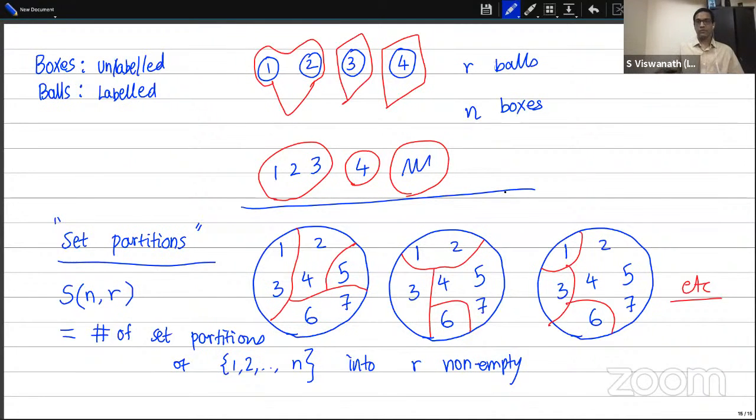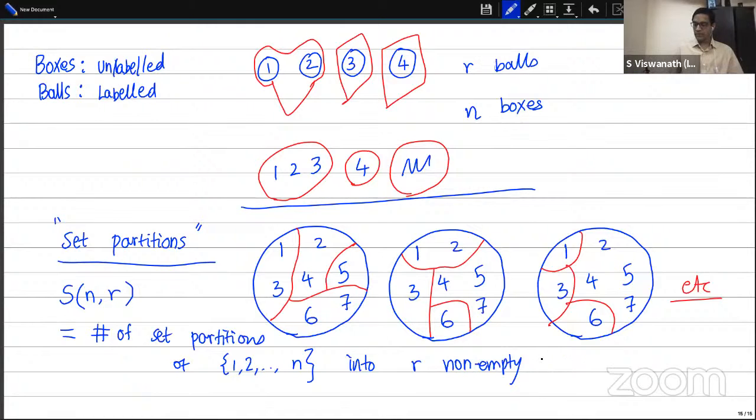You can forget about allowing empty boxes. Let's assume that you have to take n balls and fill them into r boxes, and none of the boxes should be empty. You have to fill all the boxes, at least one ball in every box. That is what this number S(n, r) counts. It's the number of set partitions of the numbers 1 through n into r non-empty pairwise disjoint subsets. Set partition already means that.